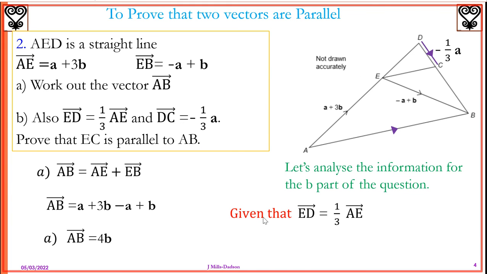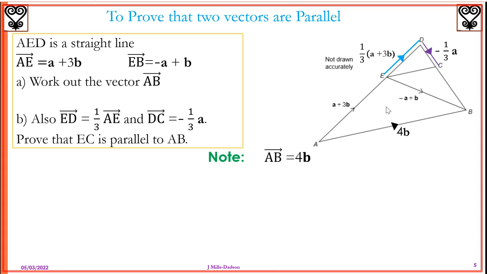And also if ED is a third of AE, then we need to multiply the vector AE, which is A plus 3B, by a third. And that's what we have here. That's the vector ED.